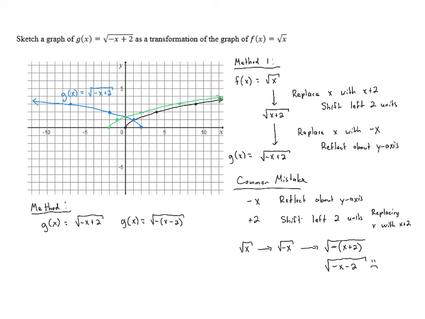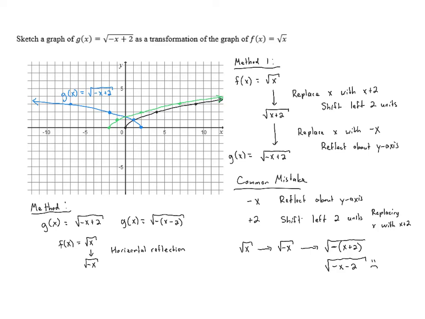If we do it this way, then we can start off with f of x equals the square root of x. We can start by replacing x with the opposite of x. That gives us our horizontal reflection.